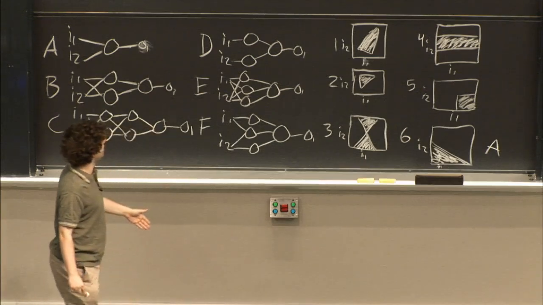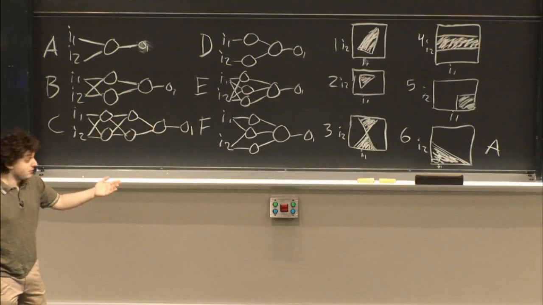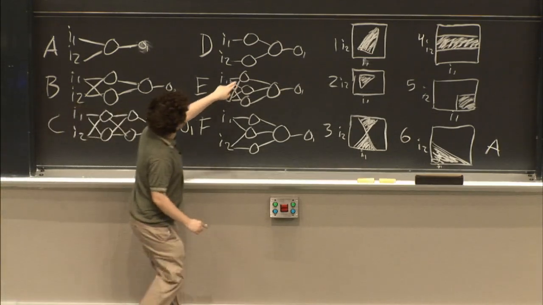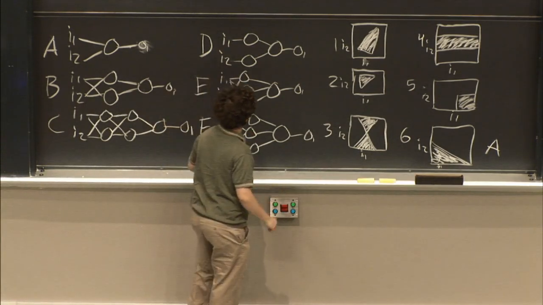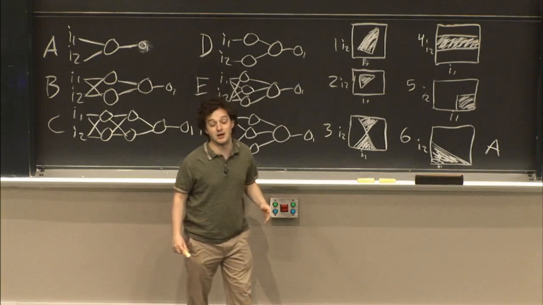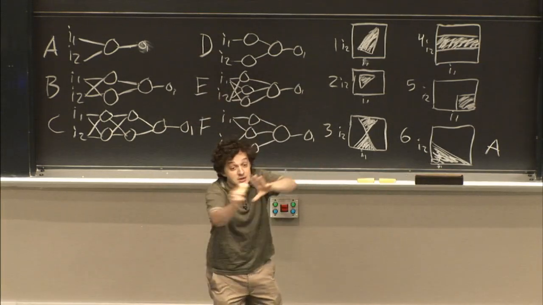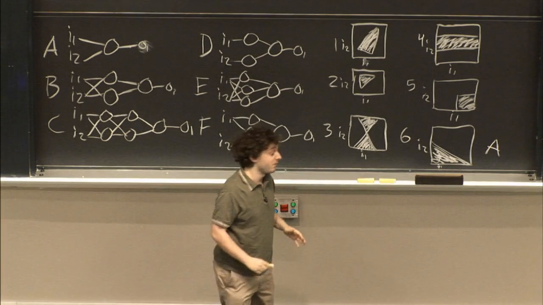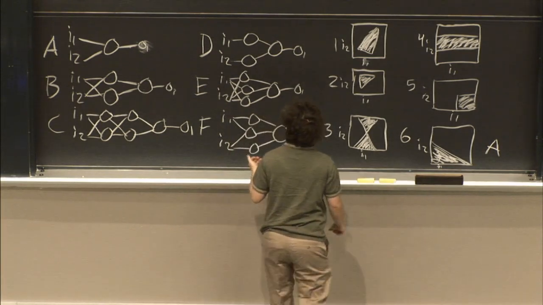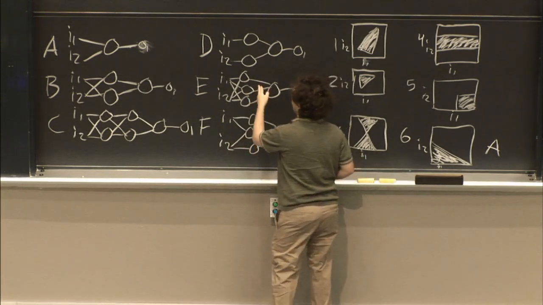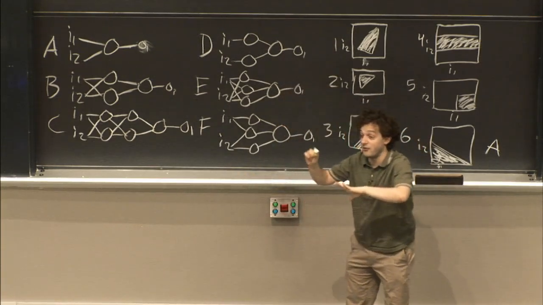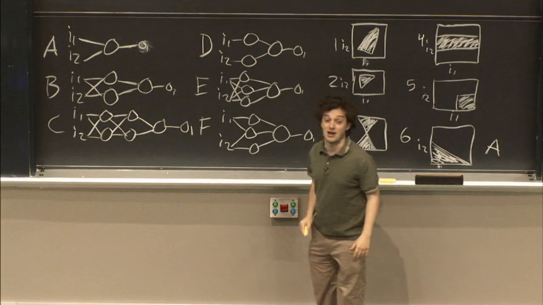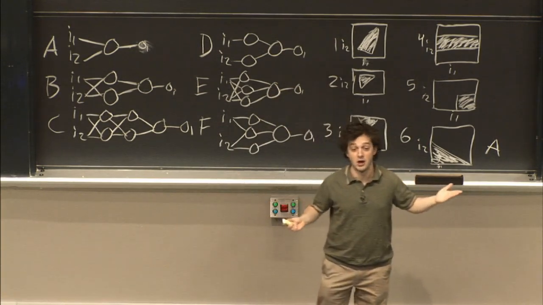And those are E and F. Because E and F have 3 nodes at the first level, they can draw 3 lines, and then they can do something logical about those lines, like for instance maybe if it's inside all of those lines. There's a way to do that. You just basically can give negative and positive weights as you so choose to make sure that it's under certain ones, above other ones, and then make the threshold such that it has to follow all 3 of your rules.